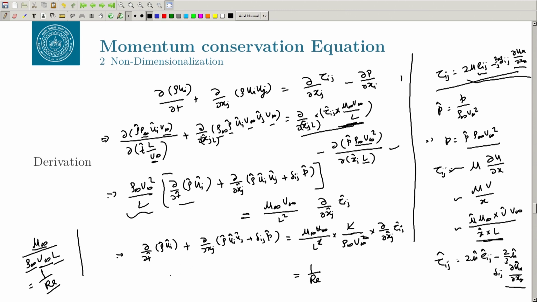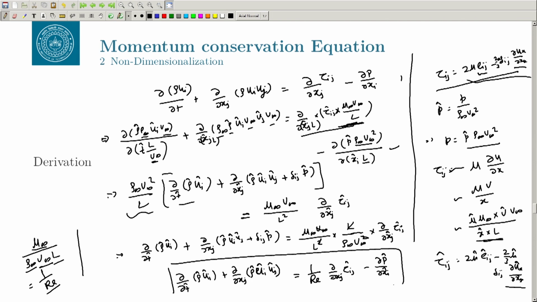So your equation will look like del by del t hat rho hat u_i hat plus del by del x_j rho hat u_i hat u_j hat equals 1 by Re del by del x_j tau_ij hat minus del p hat by del x_i hat. Now compare: this is the dimensional equation and this is your non-dimensional equation.